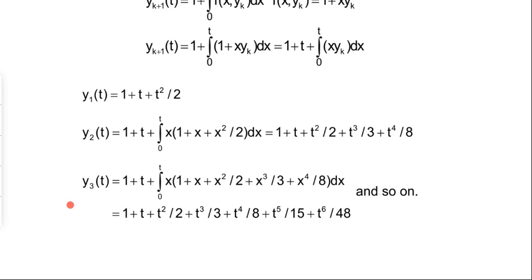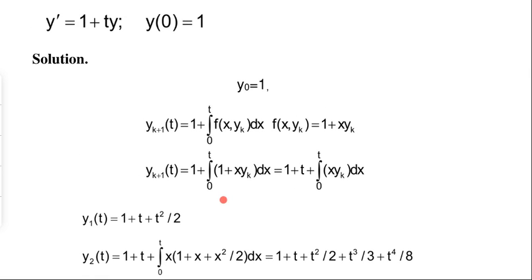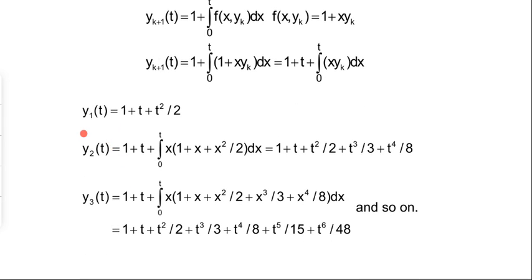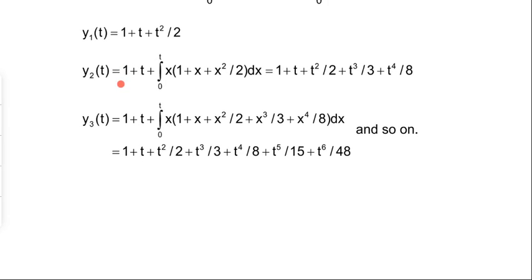For example, I want you in your midterm exam, please find y5 based on Picard iteration to approximate the unknown solution of this problem. So you must obtain y1 from y0, y2 from y1, y3 from y2, and continue this process to obtain y4.